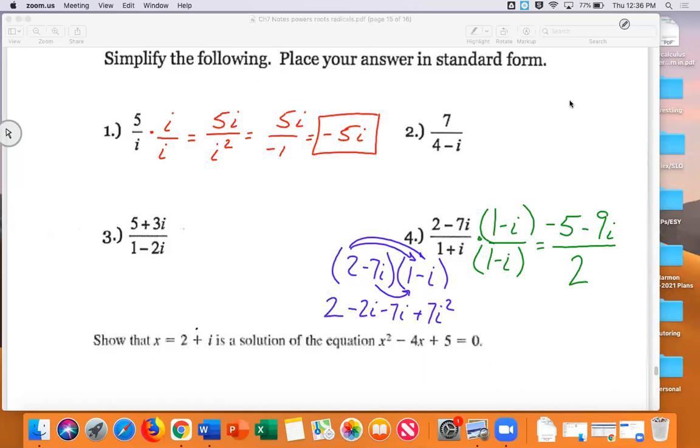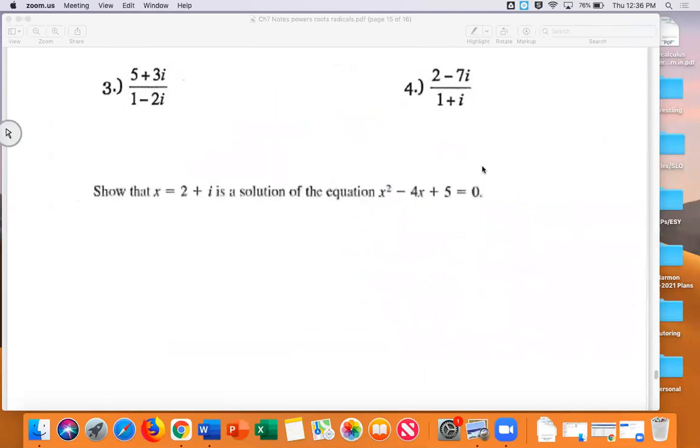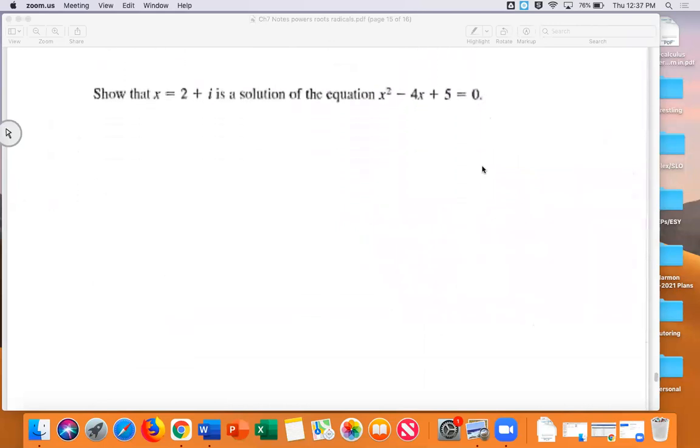All right. Show that x equals 2 plus i is the solution of the equation x squared minus 4x plus 5. Any ideas how to do this? Leah's like, nope, not a clue.